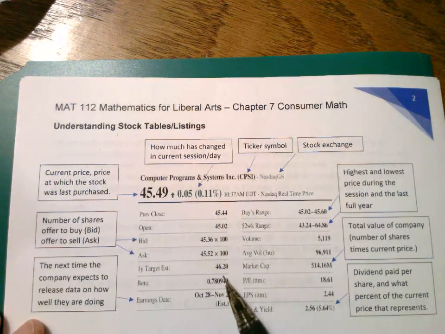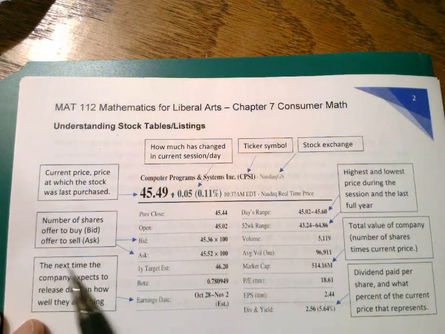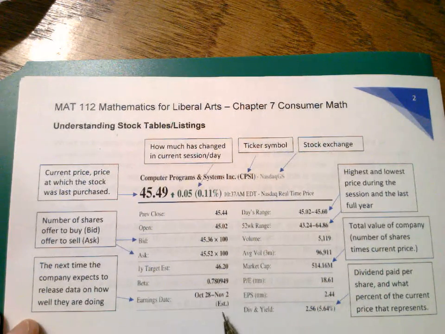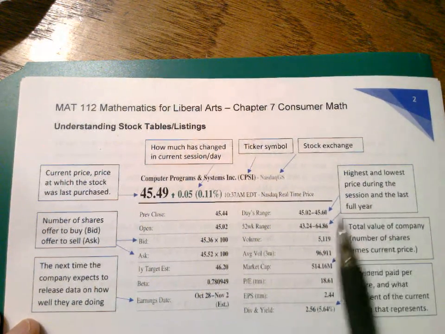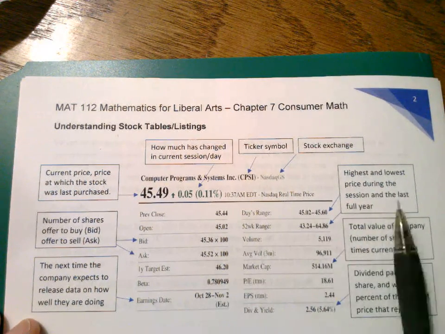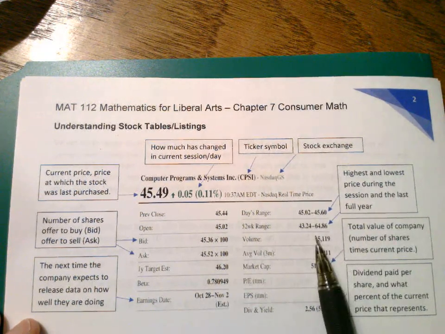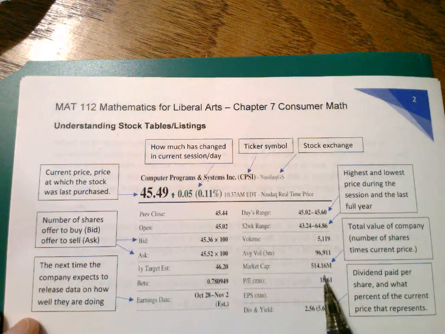Its yearly target date estimate. Let's see. This one says next time the company expects to release data on how well they're doing. So their earnings report is their estimated date. Highest or lowest price in the session today and in the last full year. Let's see. Right here, total value of the company, the number of shares times the current price.